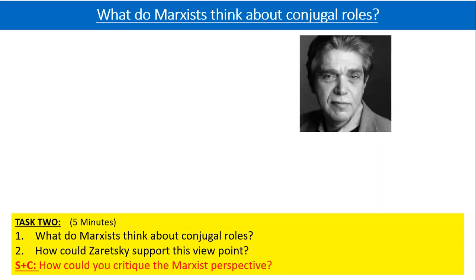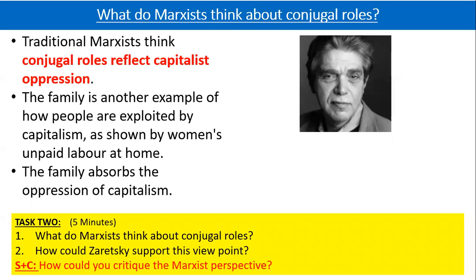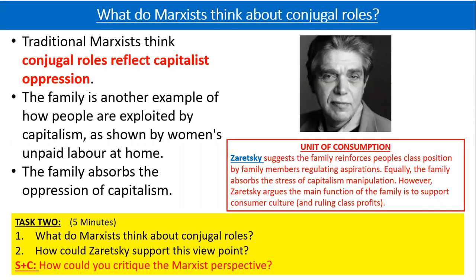Right, so the next one, there's not really much that the Marxists talk about in the way of conjugal roles, as I've highlighted previously, but just to go over it. They say that conjugal roles reflect capitalist oppression, and any issues that come out of a family are a reflection of them essentially absorbing the stress of capitalism, being victims of capitalism, and this stress and exploitation being passed on.